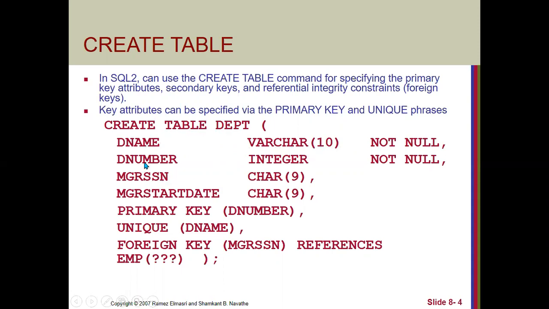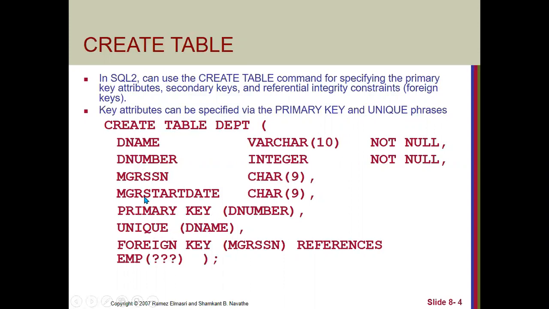D number, because it's a key, so it's not null and of type integer, comma, then manager SSN and start date. And here you can add primary key d number to indicate that the d number is the primary key for this table, comma, unique d name.